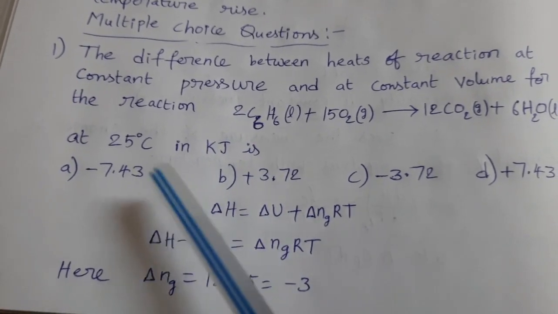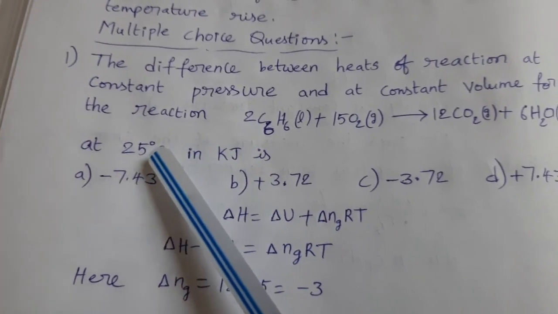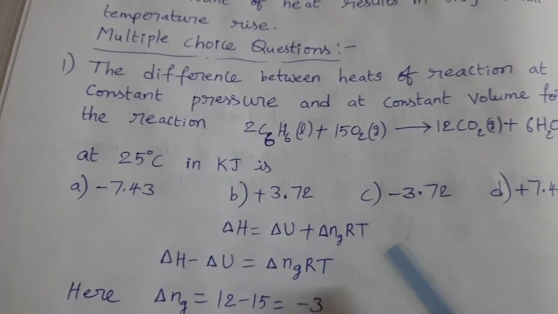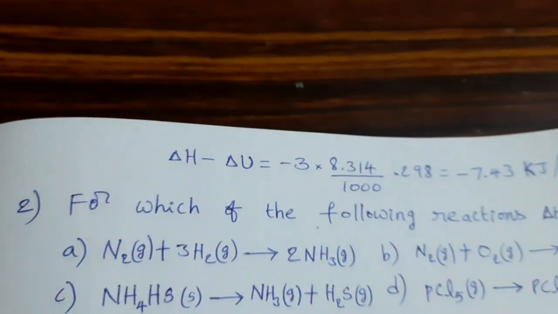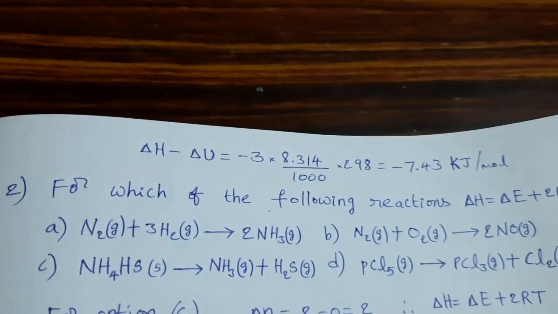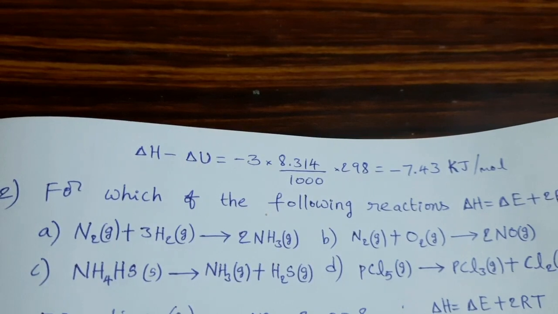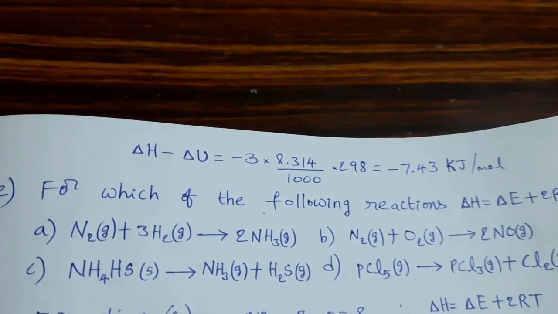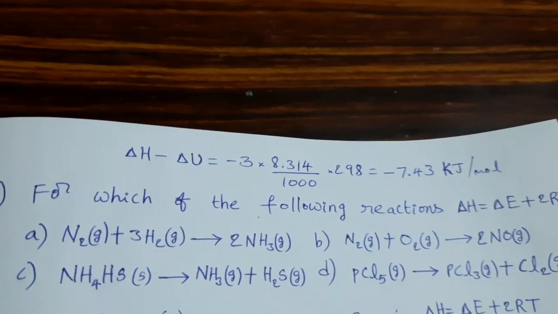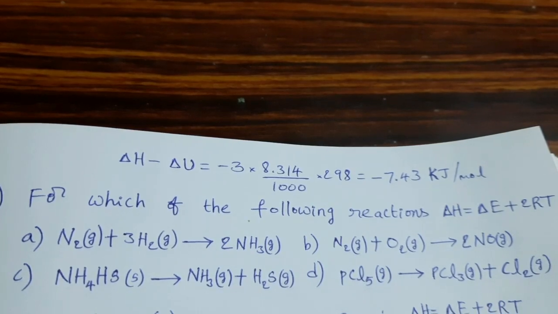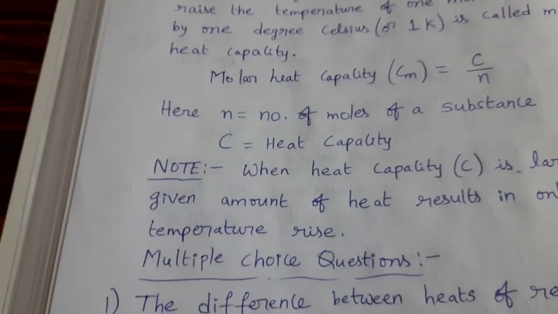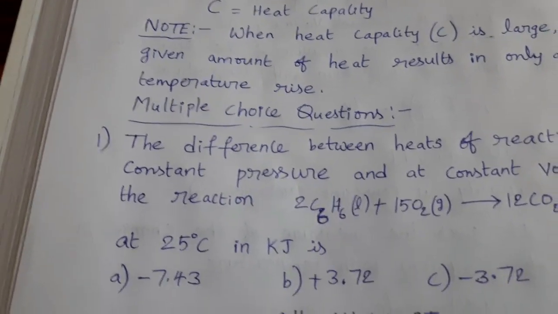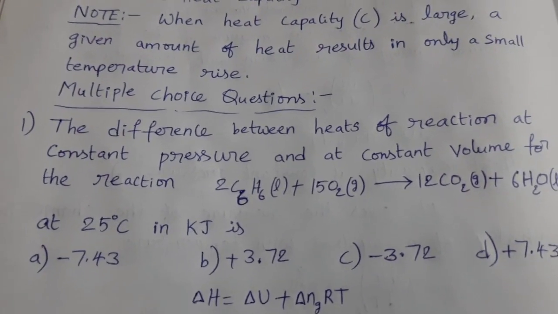And temperature we should convert into Kelvin. See this value, delta H minus delta U equal to minus 3 into 8.314 divided by 1000 kilojoule into 298, that is minus 7.43 kilojoule per mole. So what is the option? Option A is the answer.